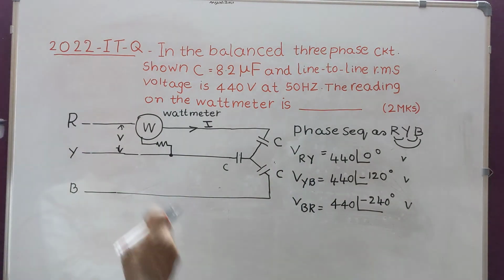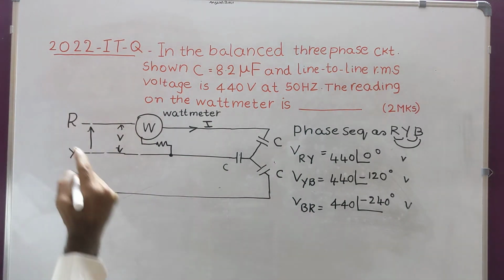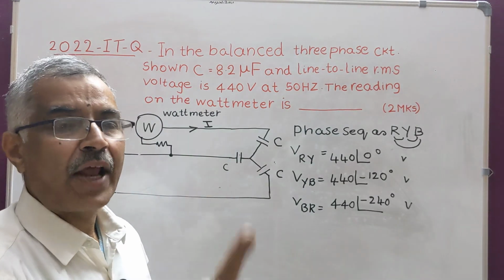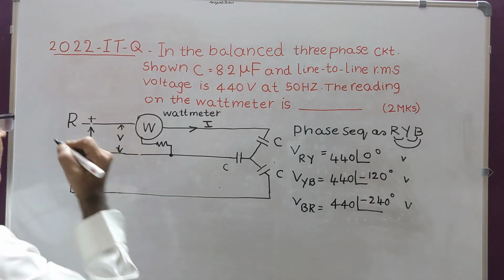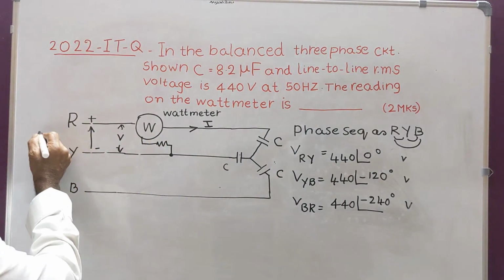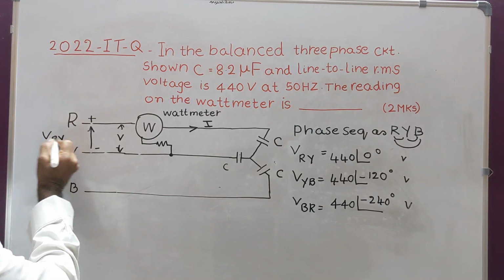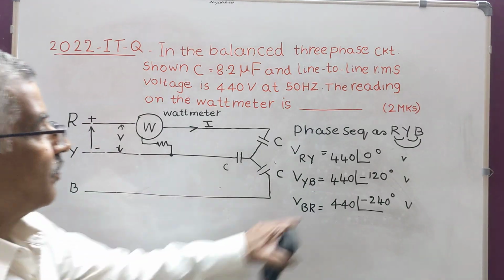Now I will mark VRY here. This is VRY. Now I will show it by an upward arrow. The tip of the arrow corresponds to plus and the bottom of the arrow corresponds to minus. This is VRY, so VRY is 440 angle 0 degrees.